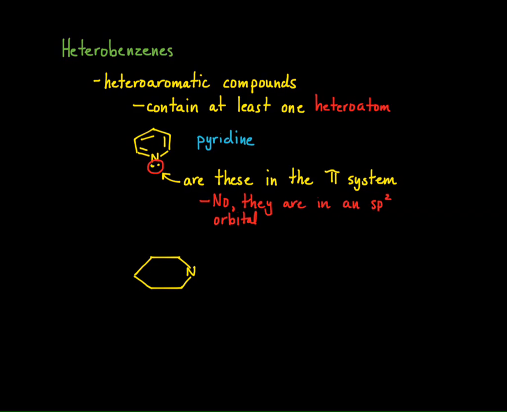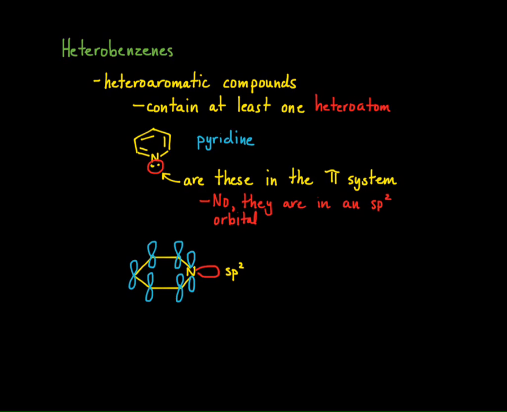If we take a look at the shape of pyridine, and we think about those p orbitals, we can draw the p orbitals of all of the carbons, we can draw the p orbital of the nitrogen, and then we have this sp2 hybridized orbital of nitrogen that is perpendicular to the p orbitals. So here we have an sp2 orbital.